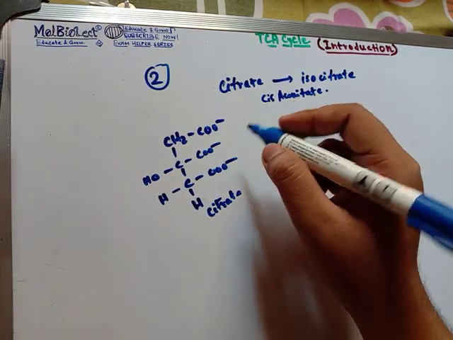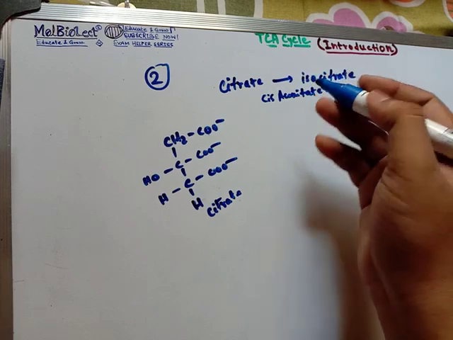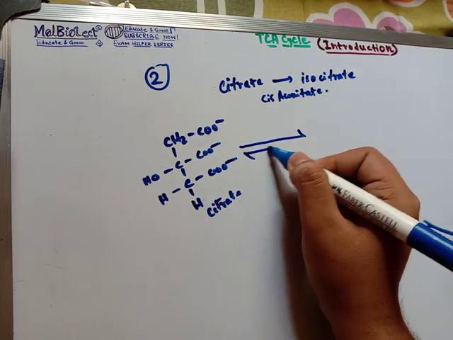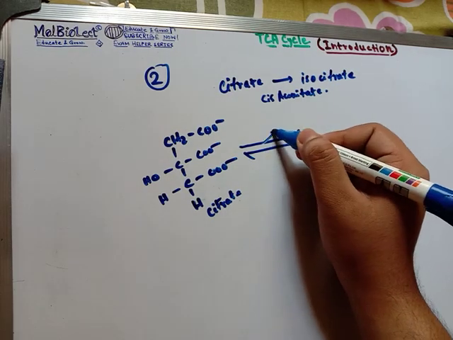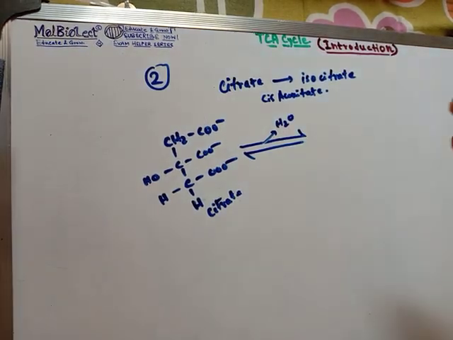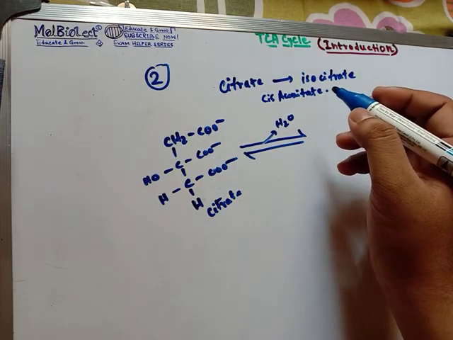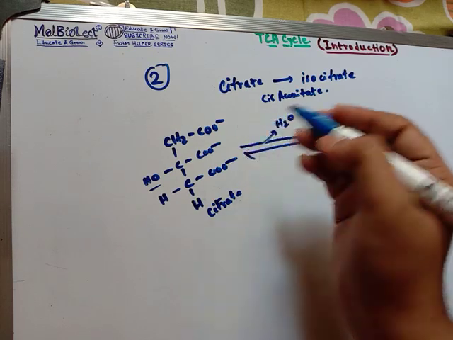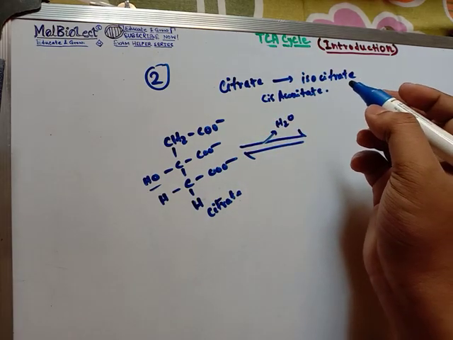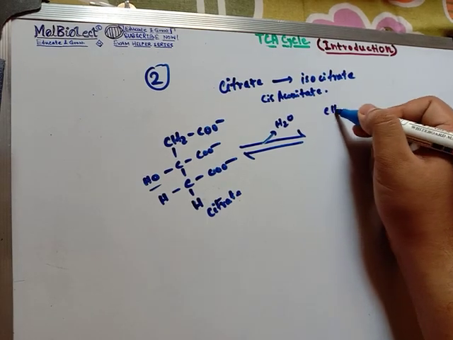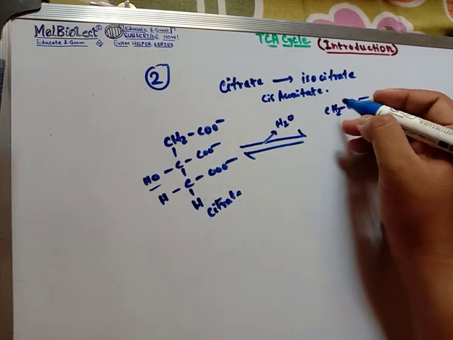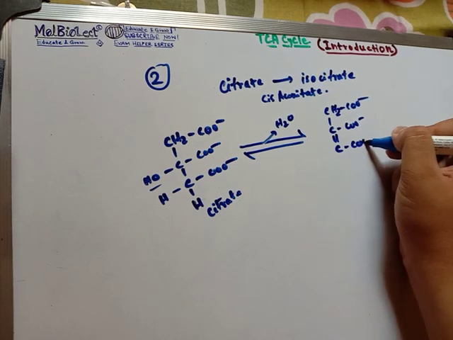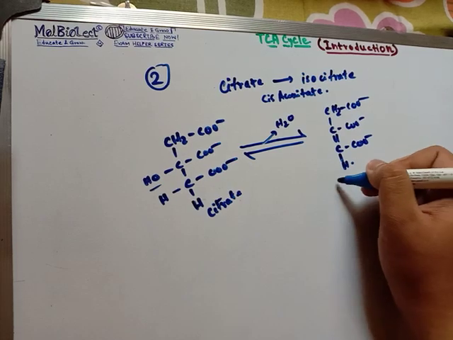So citrate to isocitrate, the first step is a reversible reaction where first of all H2O is eliminated, and this H2O is going out from this part, the HO, and another H which is coming from the CH2 part. So this will give you CH2COO minus, C, COO minus, double bond, C, COO minus, and lastly we have an H.